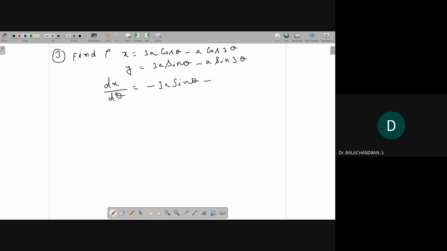So minus into minus plus 3a sin 3 theta. So take 3a commonly, you'll get 3a into sin 3 theta minus sin theta. This is dx by d theta.